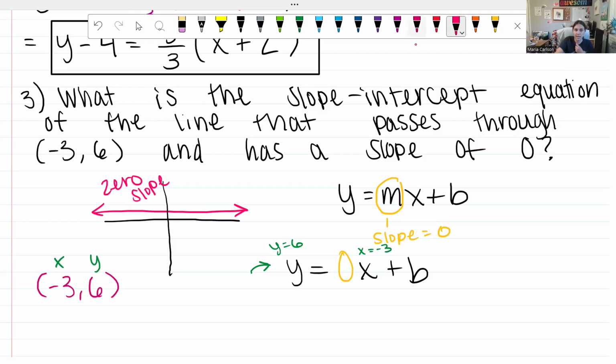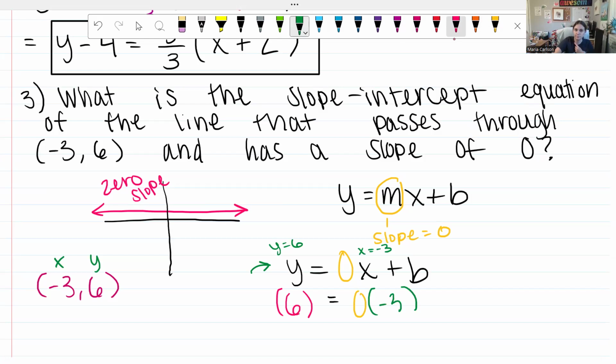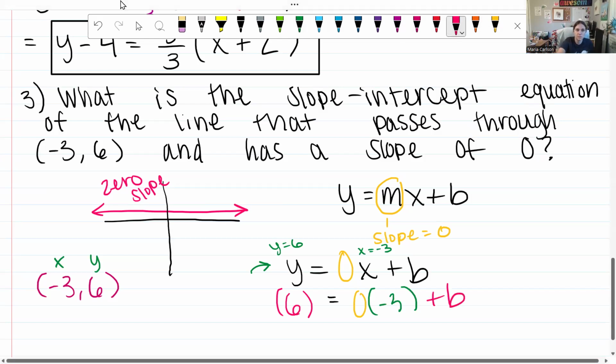So I'm going to let y equal 6, and that is equal to 0 times x, and x is -3, plus b. Oops, I meant to switch.